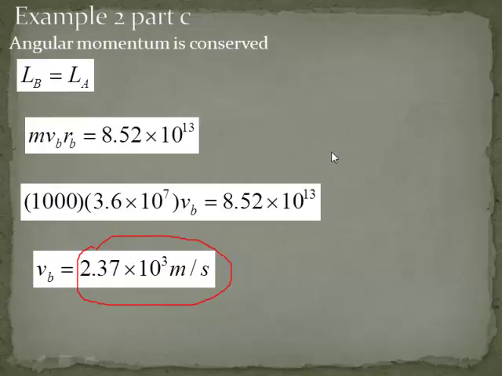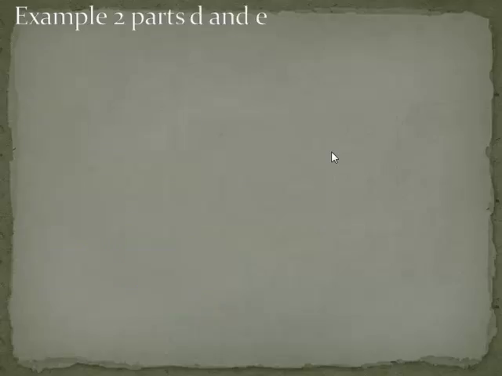All right, for part D, we want to find the speed of the spacecraft if it's at point A, but this time if it's in circular orbit. Now, I don't really remember the equation we derived for an object in circular orbit, and it is not given to you in your table of information, so I would know how to derive this.